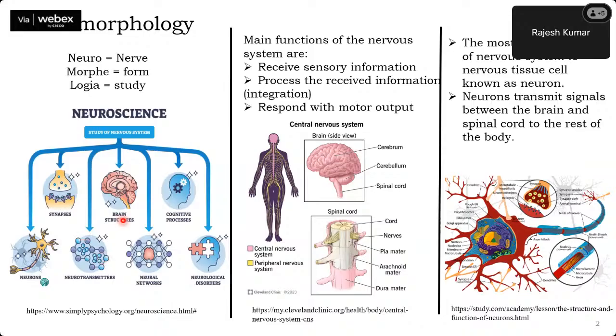Another part of neuromorphology is what the structure of the brain is, and then how the memories and all those things are developed, or how the zones work. Another domain is basically the networks: how the neurons form a network inside it, and what the cognitive process is. Another area is what things are responsible for neurological disorders.